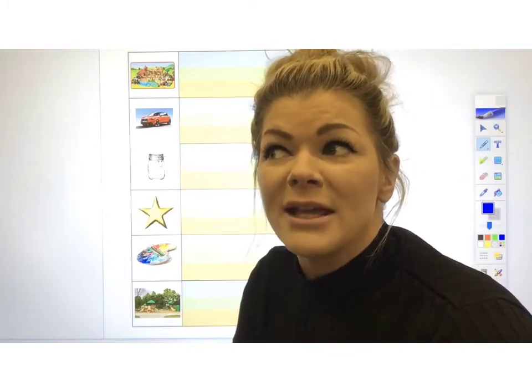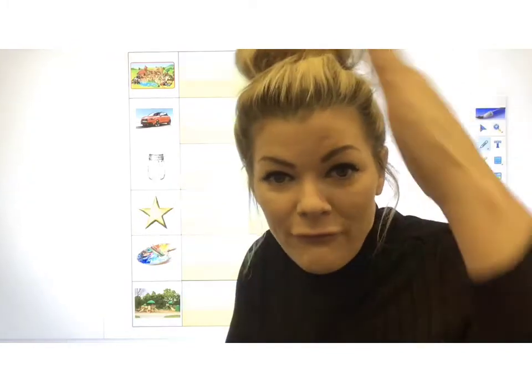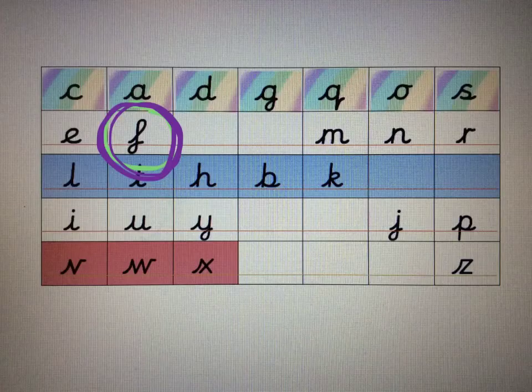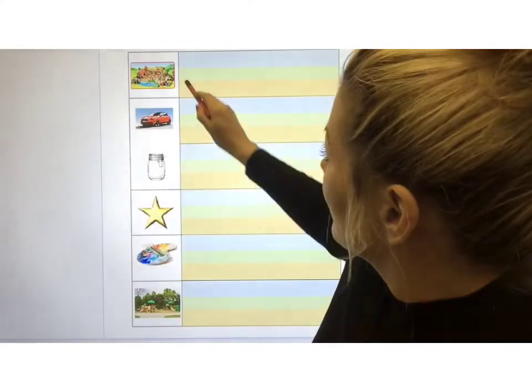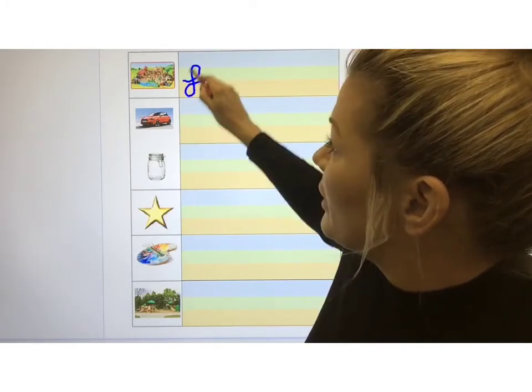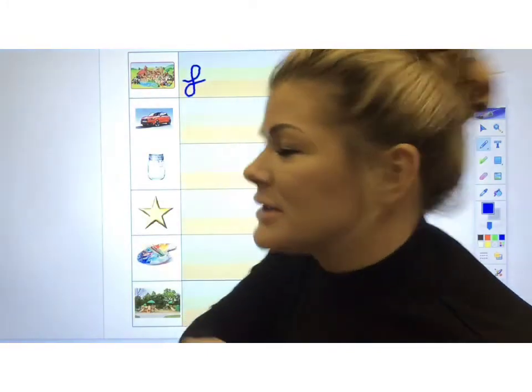So the first word I need for farm is... look at your chart. Remember, go straight down, don't go for a walk. Farm. R. Well done, pirates.